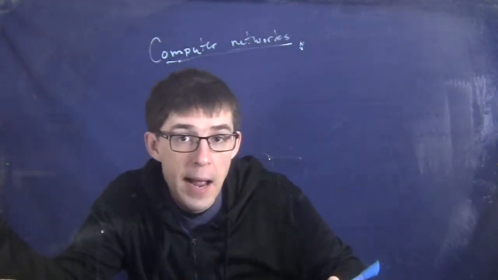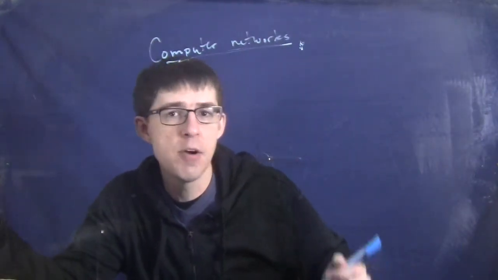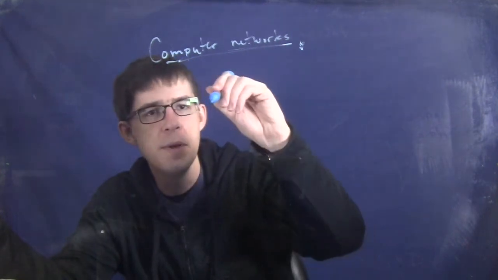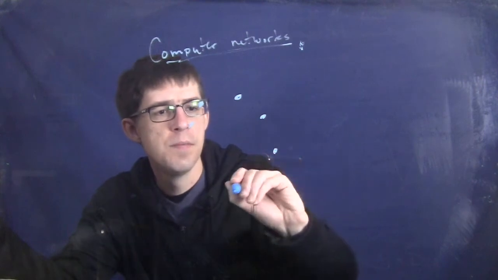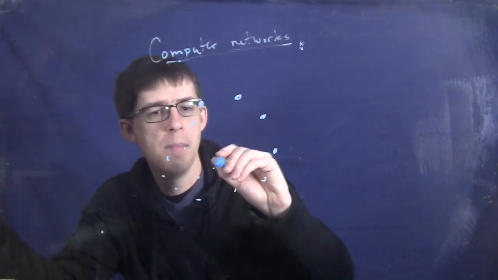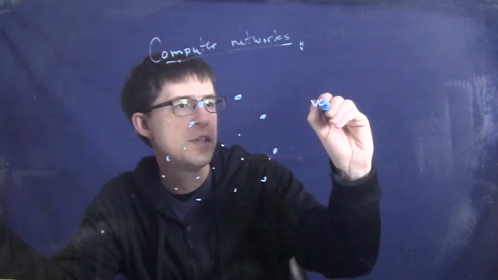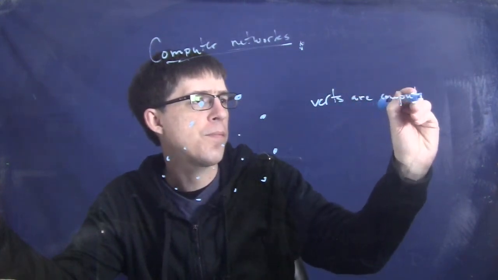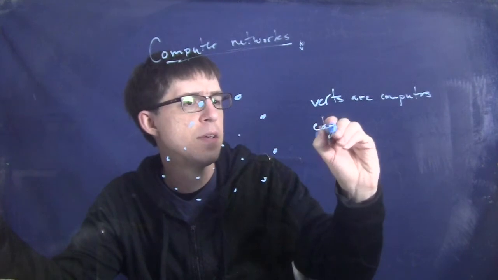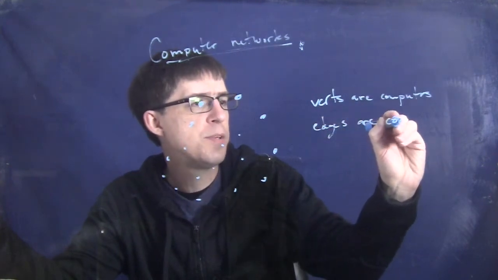For instance, a diagram of the internet. If you've ever seen a diagram of the internet, on a small scale, it looks something like this: you just have a bunch of different computers. So the vertices here are computers, and then the edges are connections between the computers.